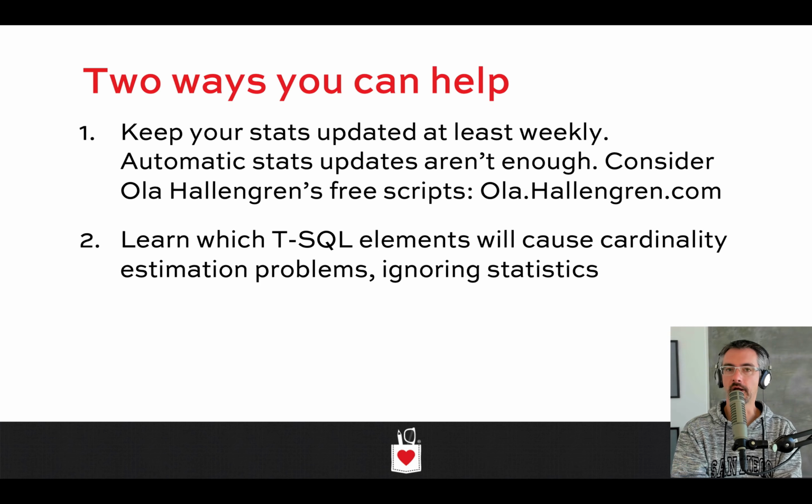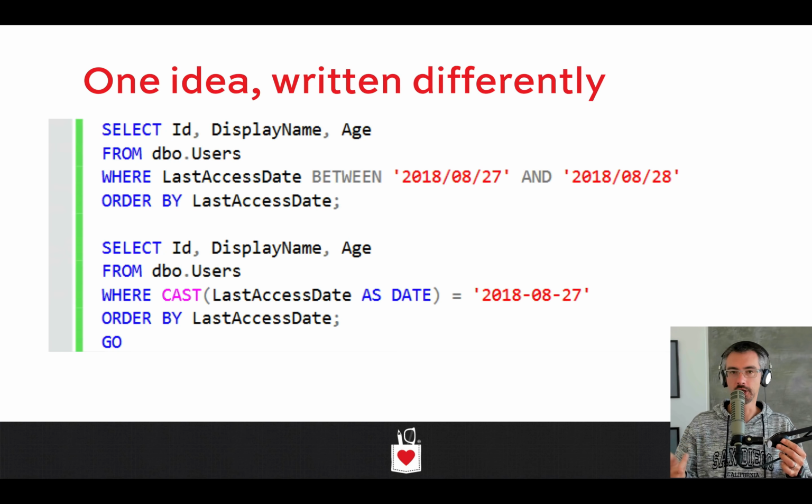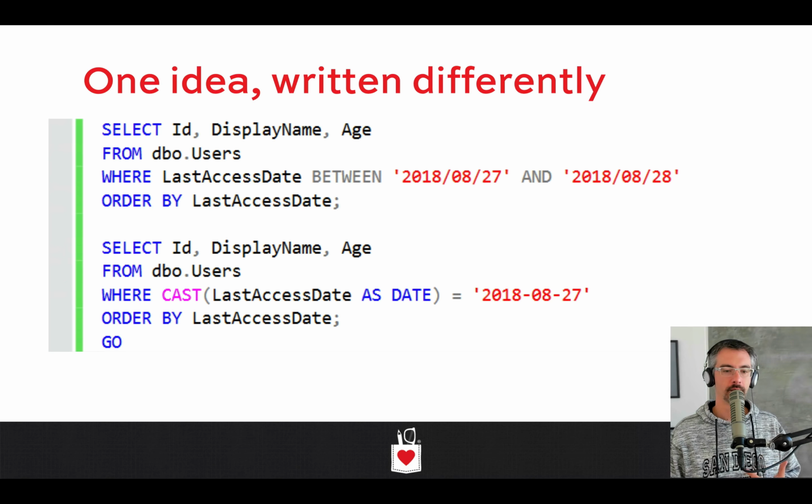The other thing that you can do to help is that you can figure out how to write better T-SQL to make it easier for SQL Server to interpret what you're trying to do. And I'm going to give you a really simple example. These two queries produce exactly the same results. I've taken the same where clause that we've been using so far, but now I'm picking a specific day. I'm saying, SQL Server, go find me all of the users who accessed the system on August the 27th of 2018.